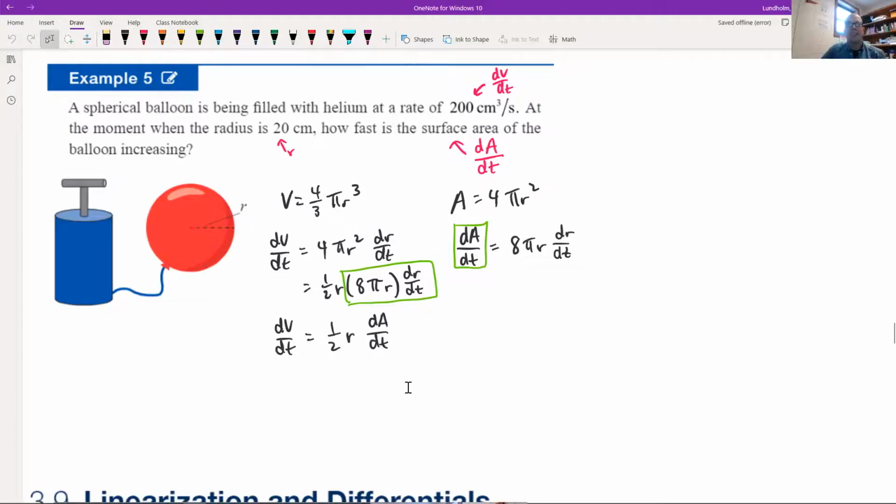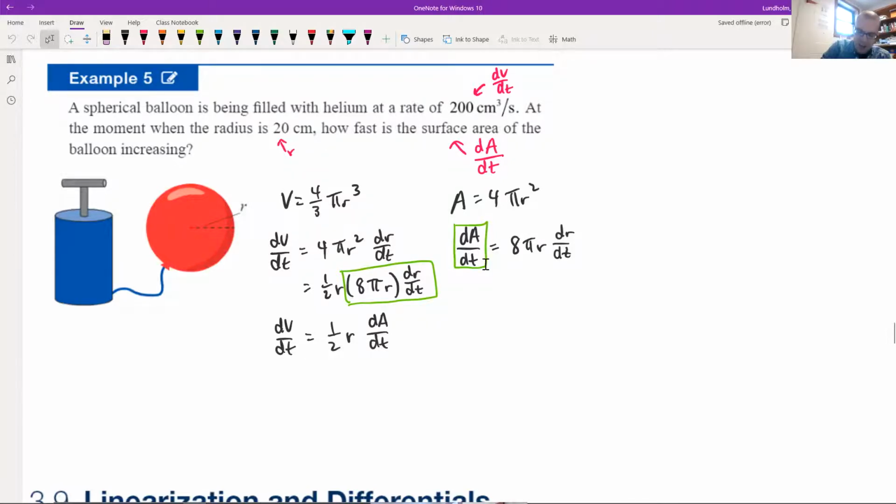And what that gives us is an equation that relates dV dt, dA dt, and the radius. Notice that by doing it this way, we never actually even needed to figure out the rate at which the radius was changing. That dr dt kind of just faded away as we did the substitution. And that's convenient because we didn't have a number for that.